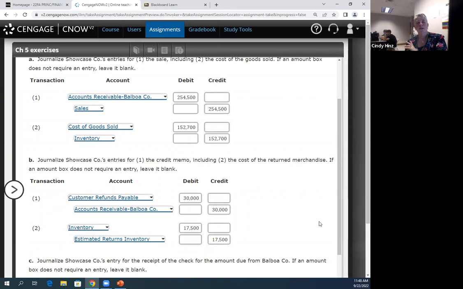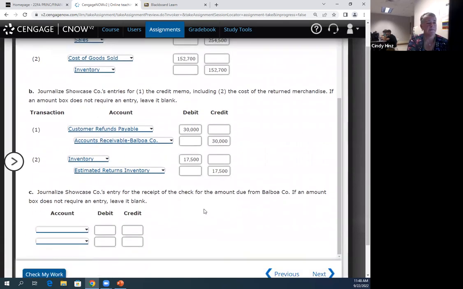So we're basically removing some of that estimated returns and adding it to actual inventory. They now have returned that product. And we knew we had estimated, or we would estimate at the end of the period, that some of our customers would return inventory. Now we know that one of the customers returning inventory is Balboa.